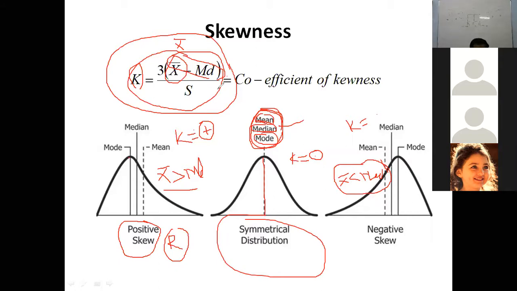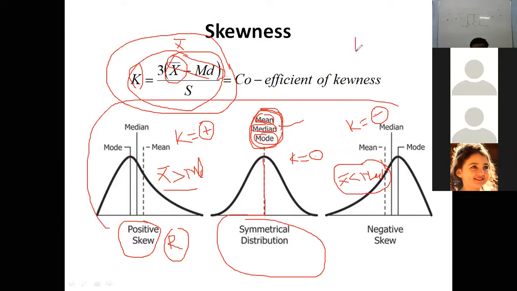So what will happen here? K is equal to minus or plus? It will have a negative value. So that is how we can express the distribution.